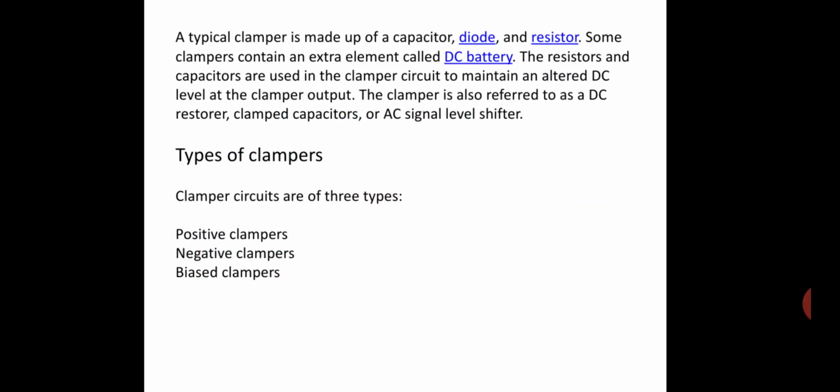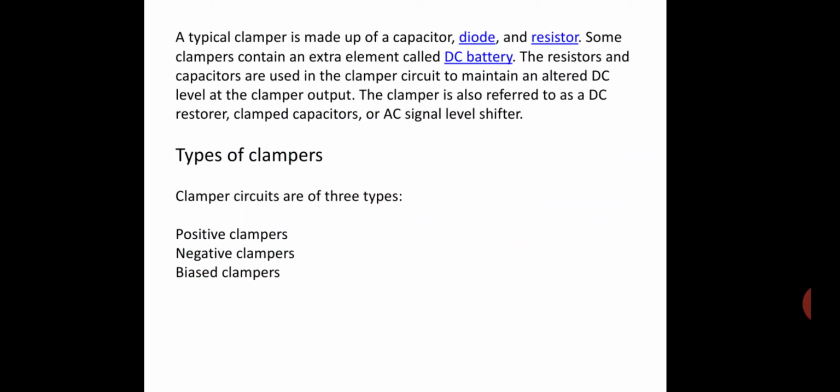Types of clamper: positive clamper, negative clamper, biased clamper. We discuss in detail. A positive clamper means it adds a DC level in the positive direction of the input signal. It is called a positive clamper circuit. Let's discuss the rest tomorrow.